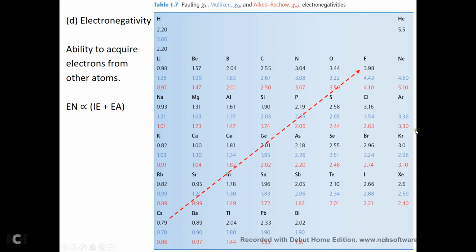Don't worry about the noble gas atoms. So from cesium to fluorine, you go from the smallest electronegativity to the largest electronegativity. There are three different formulas, Pauling, Mulliken, and Allred-Rochow, that all have an equation to compute the electronegativity.